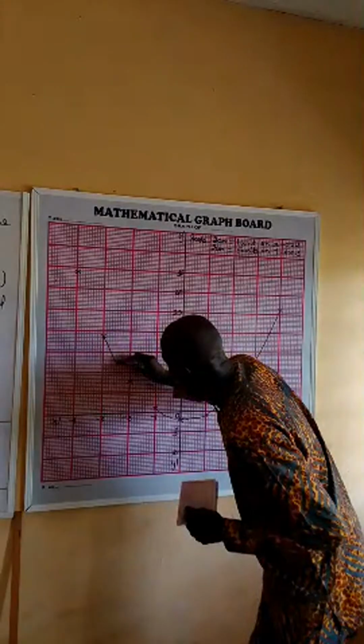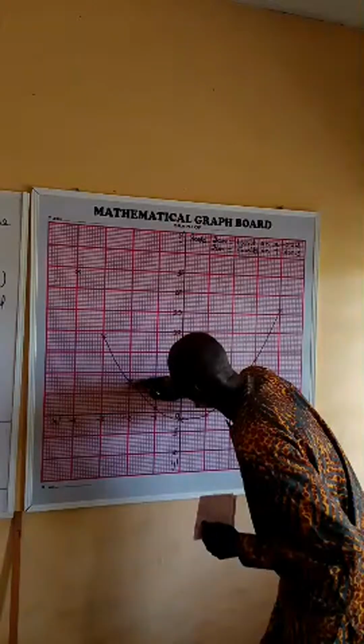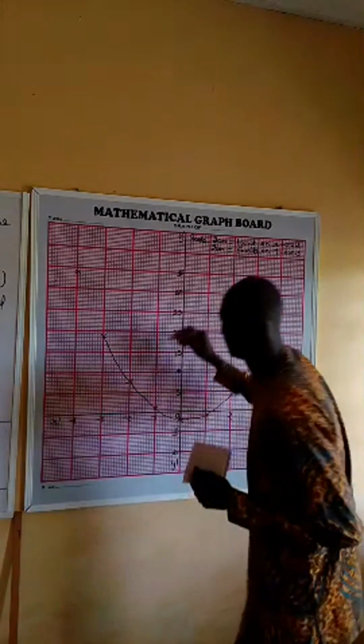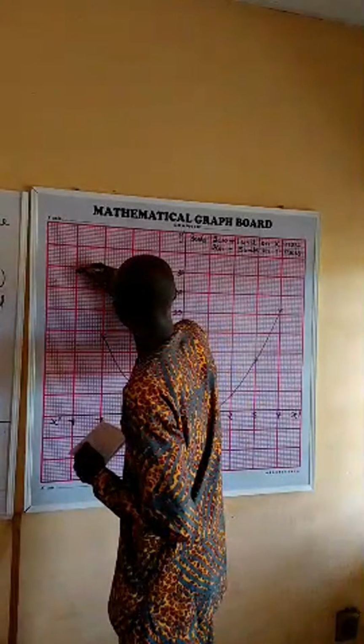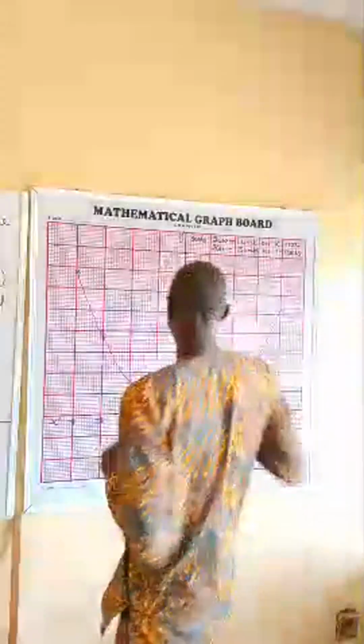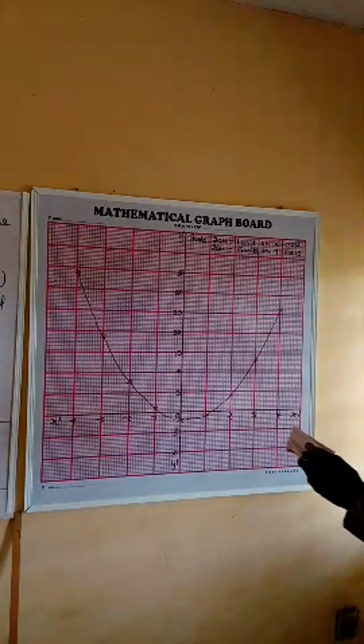Do it all very well. I'm teaching you the method you can use to draw your own. Use a broom, please. Okay, this is the quadratic graph.